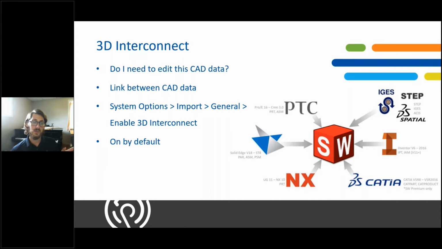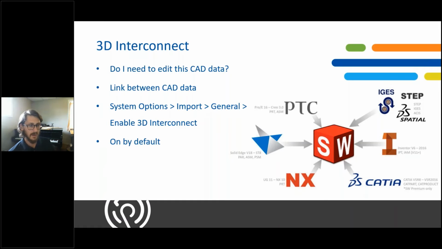If at any point you receive a new file that needs to replace the old one, or there's an update, all you would have to do is replace the files. If the naming convention is the same, SolidWorks will always look for references that way. So saving over top of the old file in its location with the same naming convention is going to prompt SolidWorks to update the information, and it'll translate through the model, and you'll have an updated model at that point.